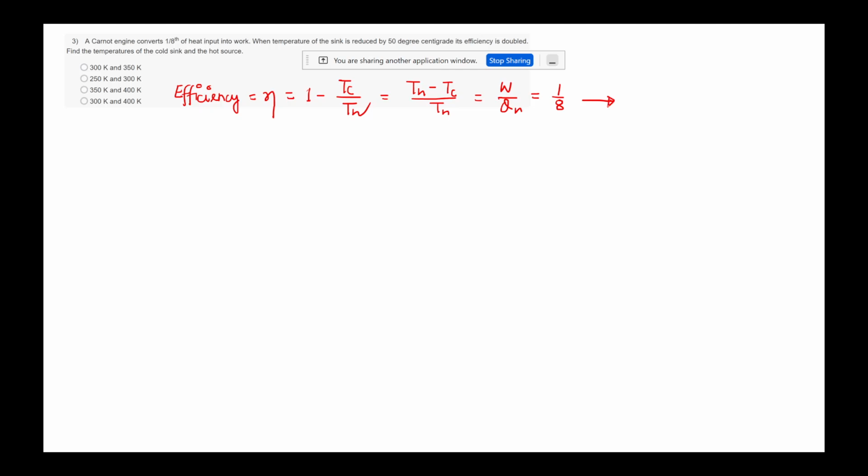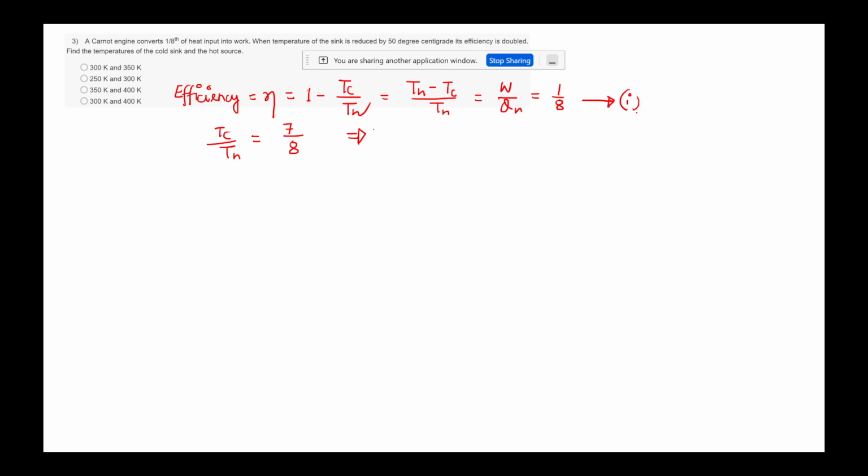One relation we actually get. So Tc by Th will be 7 by 8.